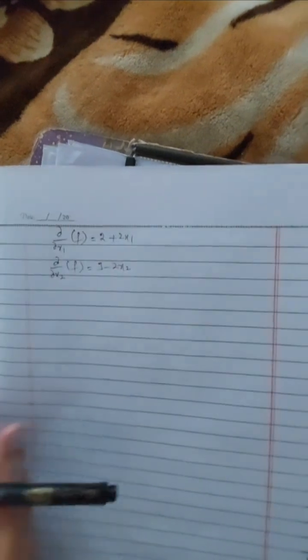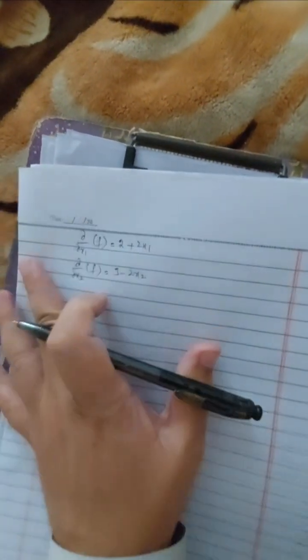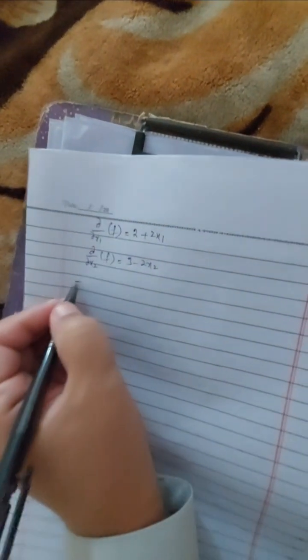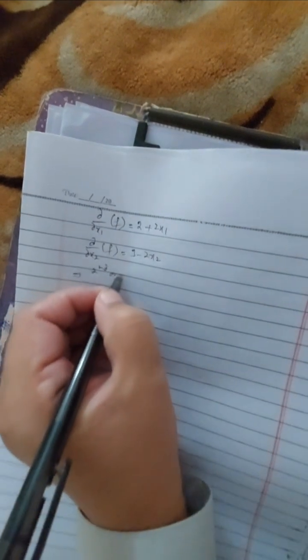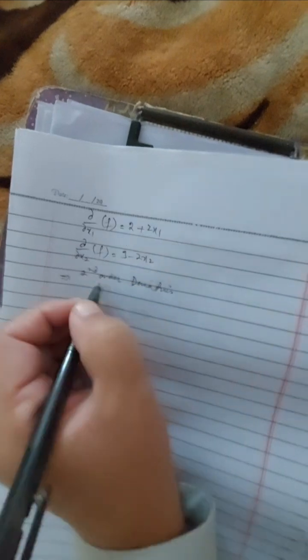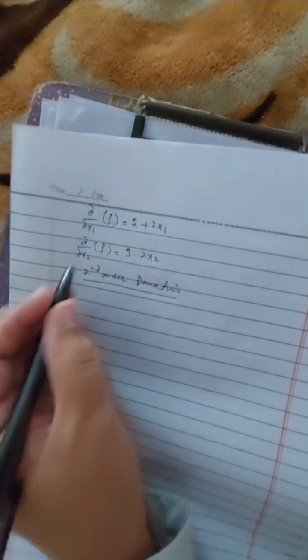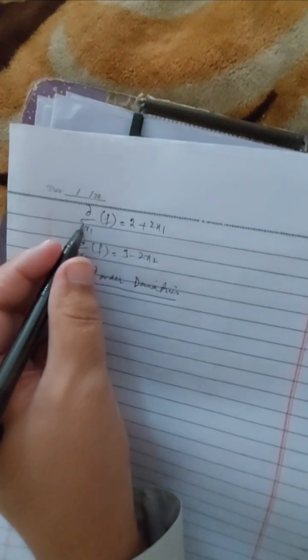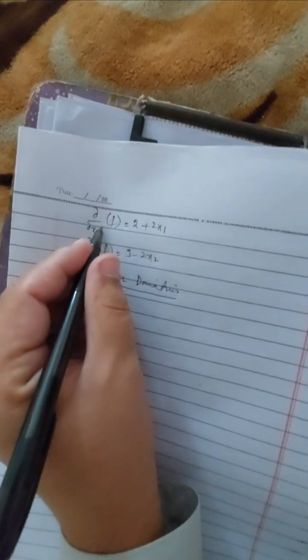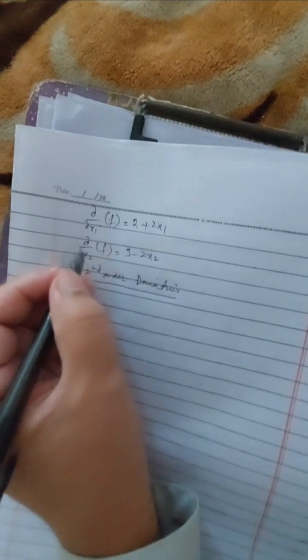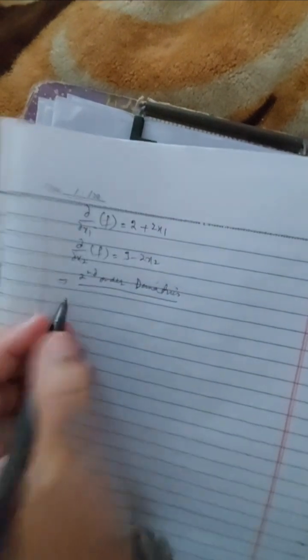Now the second order derivatives. For the second order derivative we will do this with respect to x1 and x2 as well, and then with respect to x1 and x2 as well.